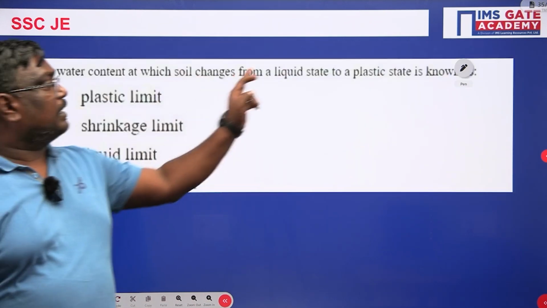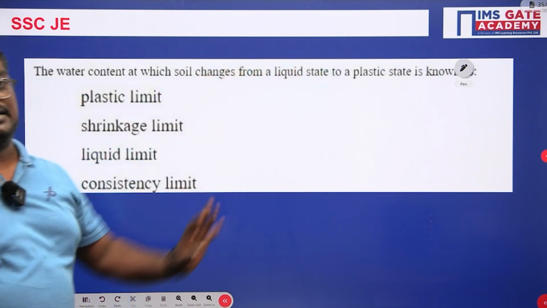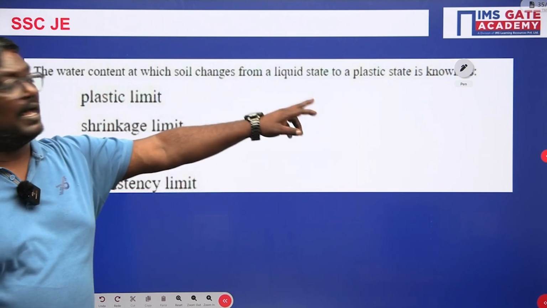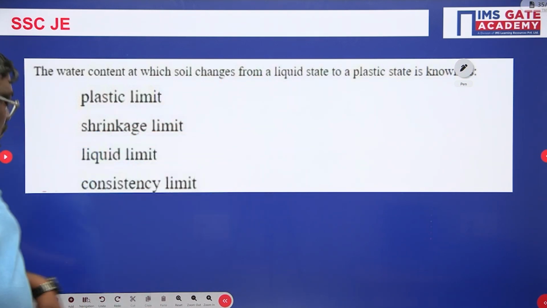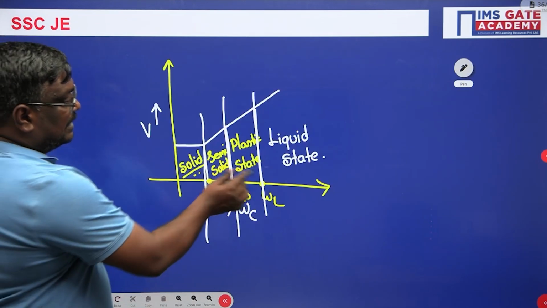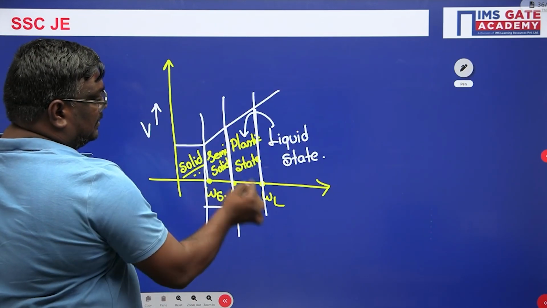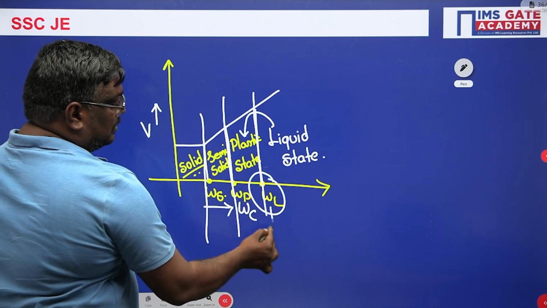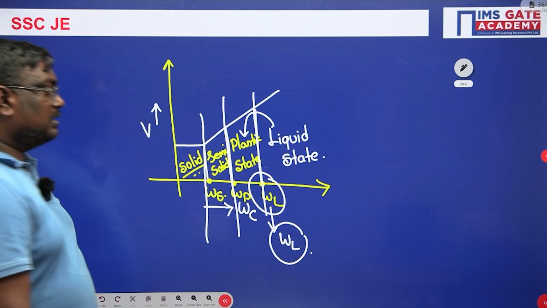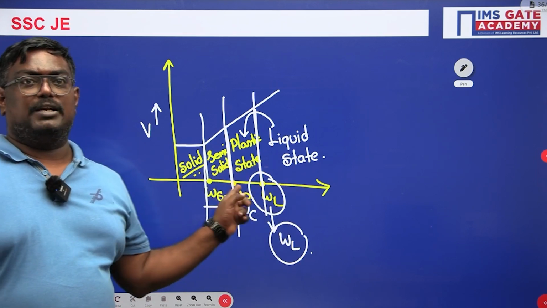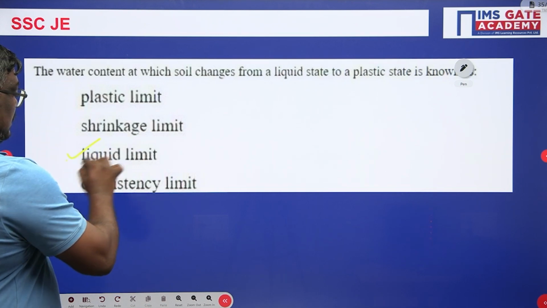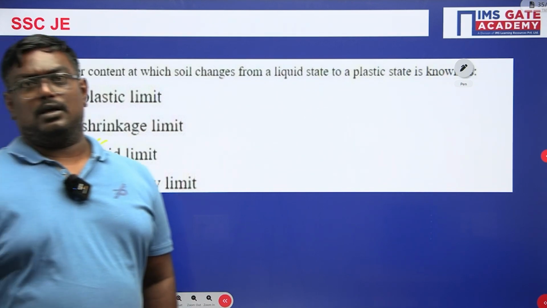The soil is changing from liquid state to plastic state. It is not changing from plastic state to liquid state. So at the liquid limit, it changes from liquid state to plastic state. So the answer here is liquid limit. Option C is the right answer.